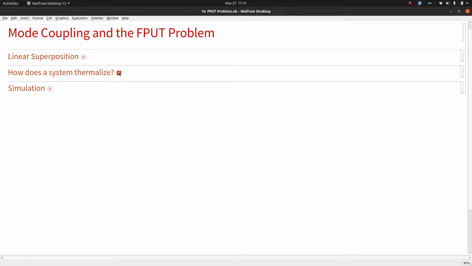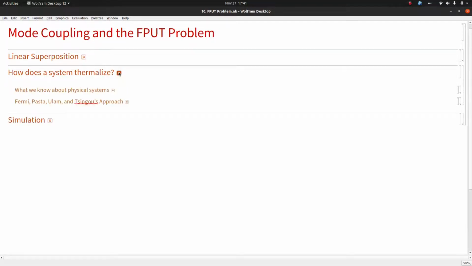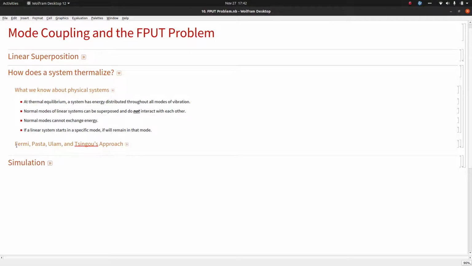And there's a classic, historically interesting, at least for physicists, problem called the FPUT problem, related to how systems, when they get heated up, thermalize. How do they transfer energy between different oscillatory modes? So here's what we know about physical systems.